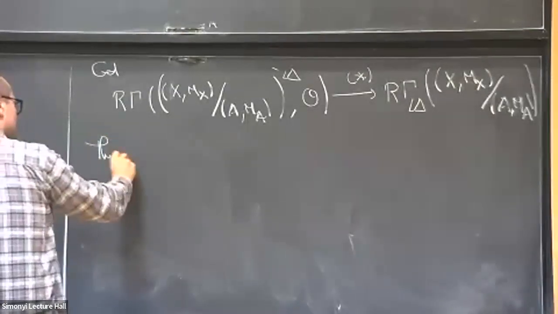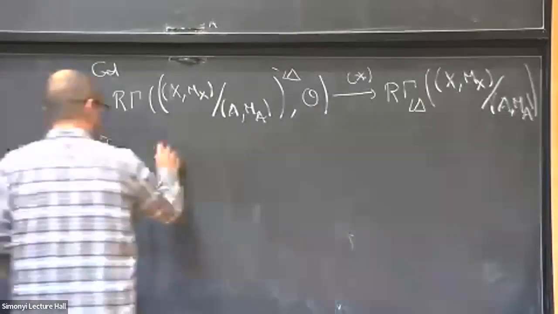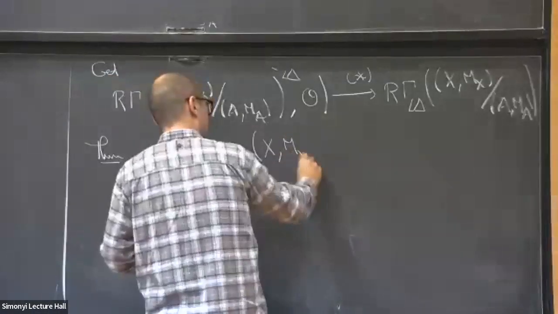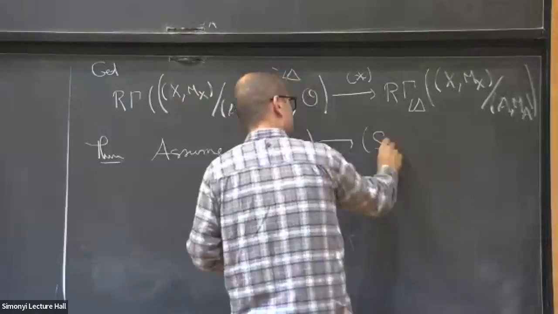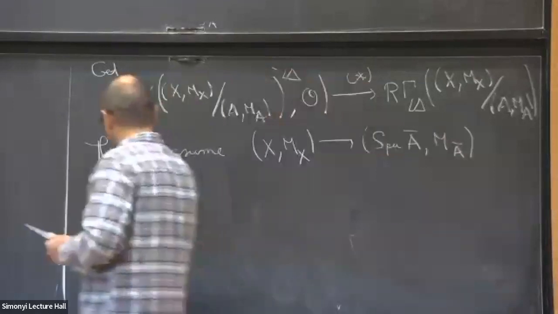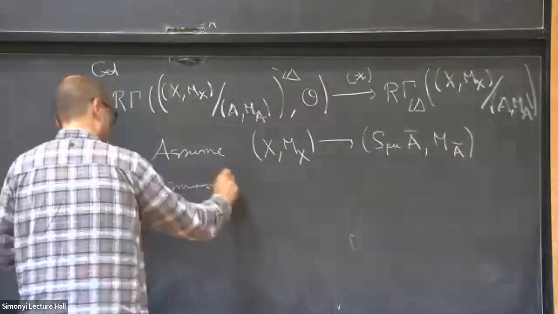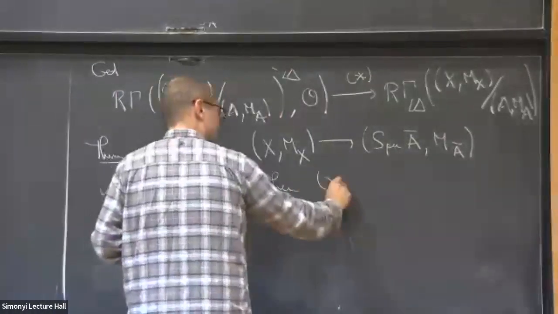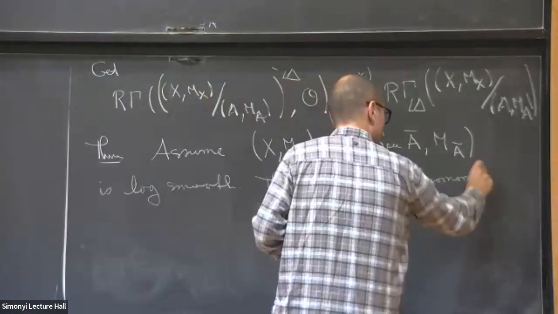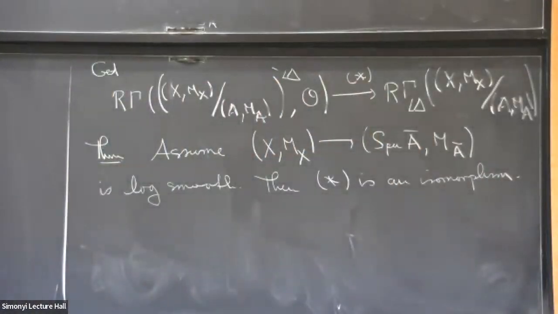So let's say theorem. Let's assume, you can do better than this, but let me say this is the smooth case. It's log smooth. And star is an isomorphism. So you recover prismatic cohomology.